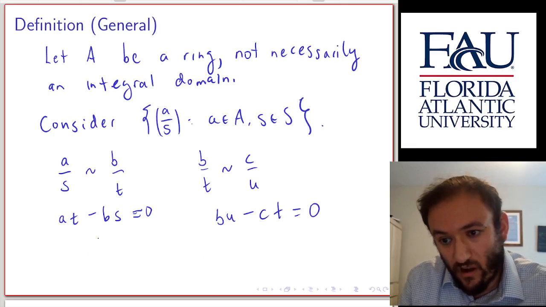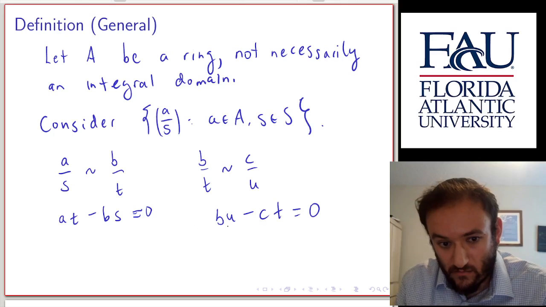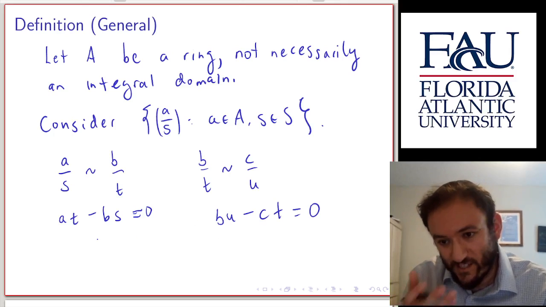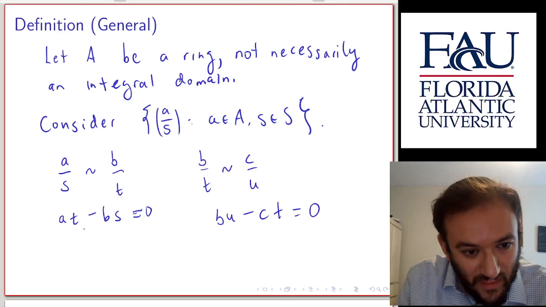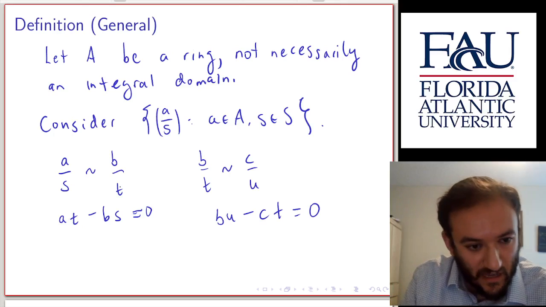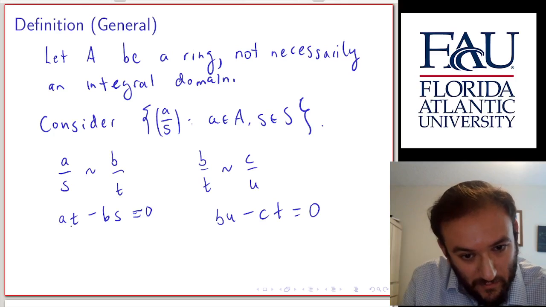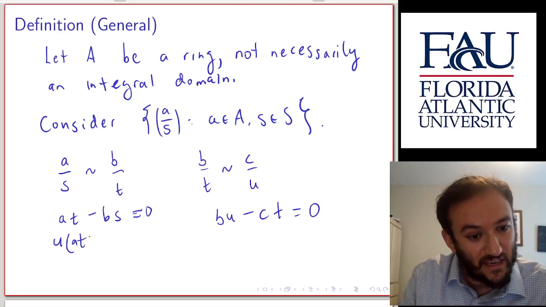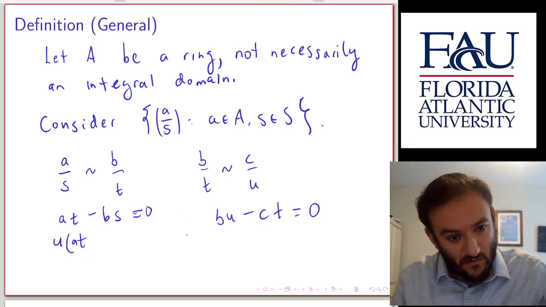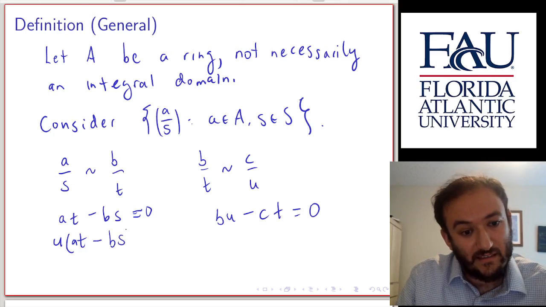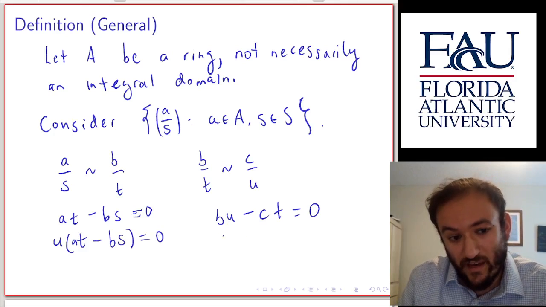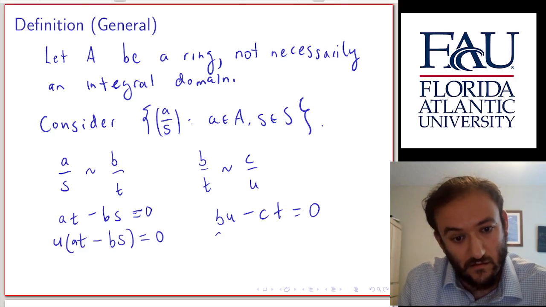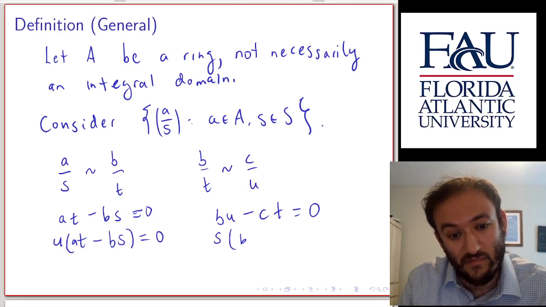But now we have a problem because I can't combine these identities, these equations in a meaningful way without adding in some constant. So if I multiply this by U, I get U times AT minus BS equals 0, and I multiply this by S, so I get S times BU minus CT equals 0.